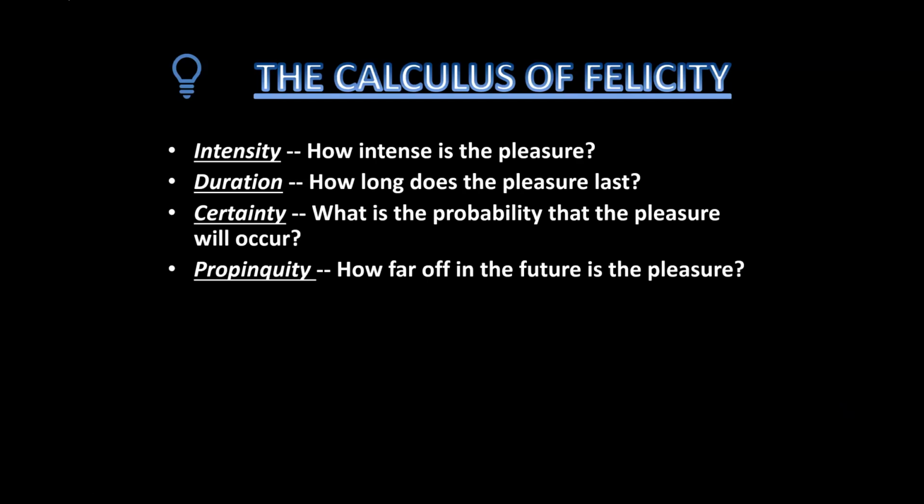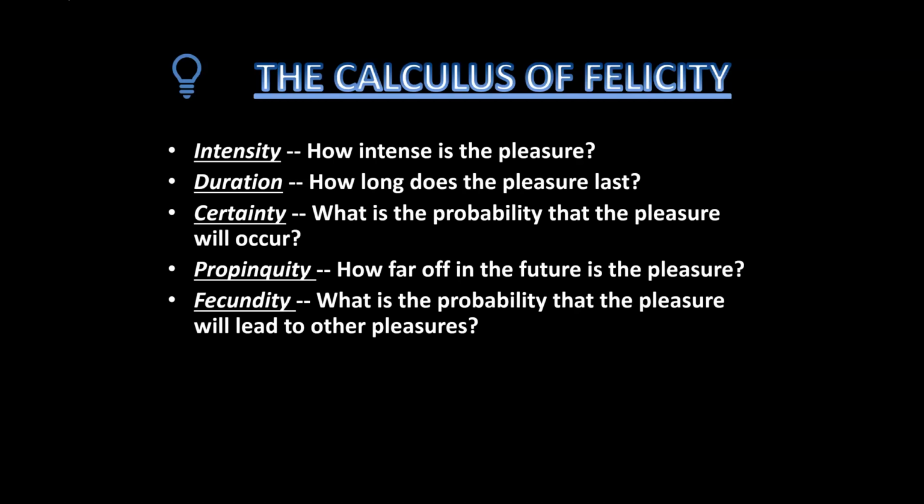Propinquity, that's an antiquated word, but how far off in the future is the pleasure? If you were to do action B, how long would it take for it to pay off in pleasure, essentially? Fecundity, that's another antiquated word, but what's the probability that the pleasure will lead to other pleasures? If I were to do action B, would that pleasure somehow amount to more pleasures?